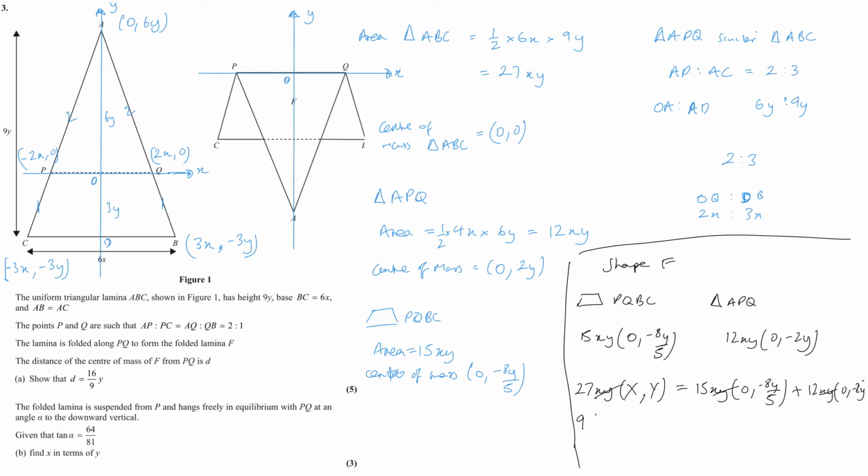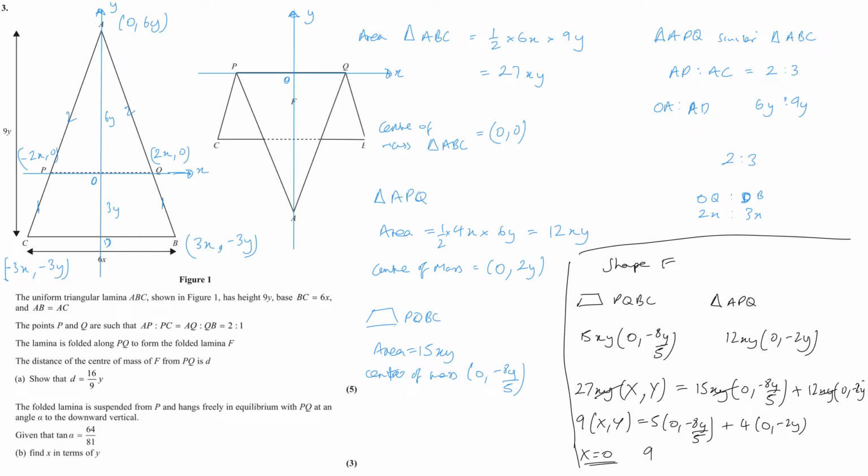So I've got 9xy is equal to 5(0, minus 8y over 5) plus 4(0, minus 2y). So X equals 0.